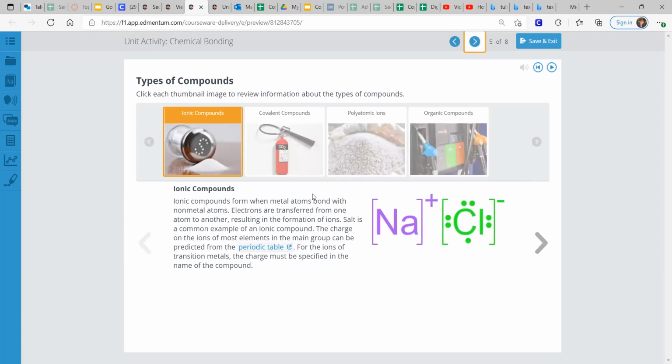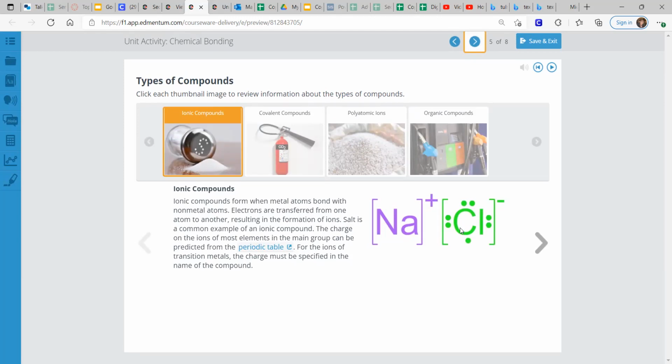Here you see the ionic compound explanation. That is when a metal atom bonds with a non-metal atom. Here we have sodium, that is a metal. Chlorine is on the other side of the periodic table.